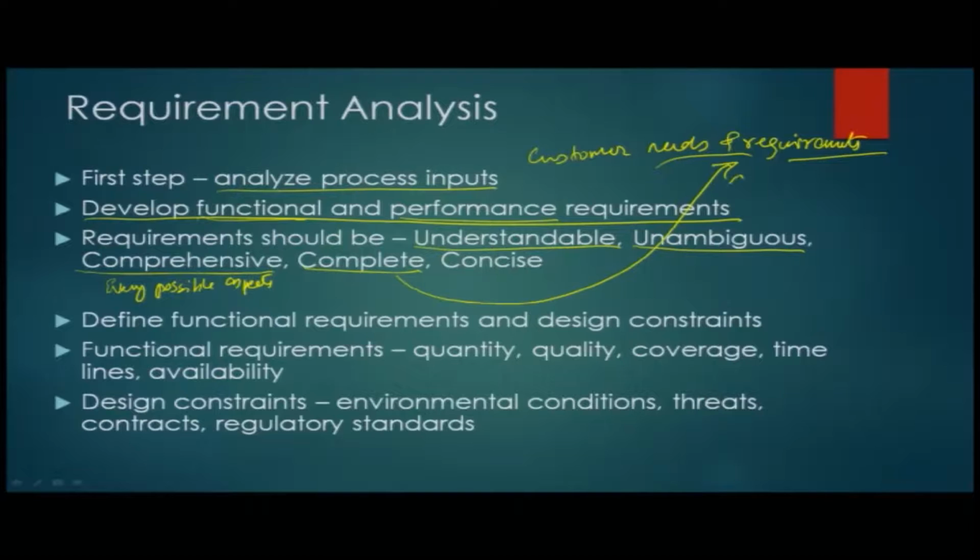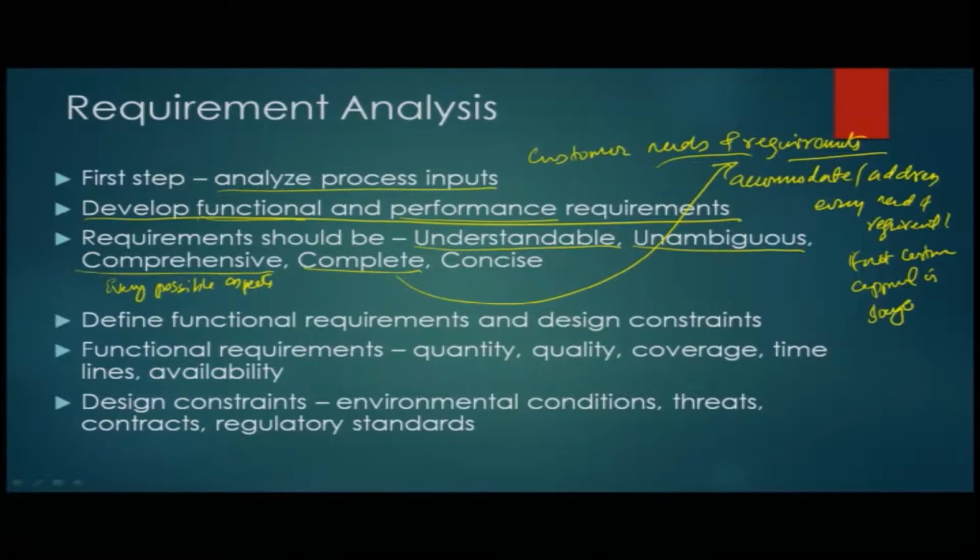Completeness means accommodate or address every need and requirement. If you can't, then you should get approval from the customer saying that this cannot be met. If you can't fulfill it, only when the customer says, okay, fine, I don't want it, I'm okay to compromise on that. This also is part of the process.